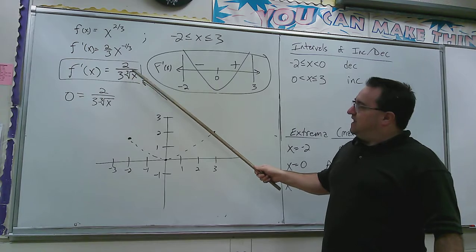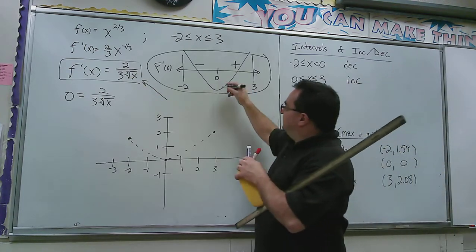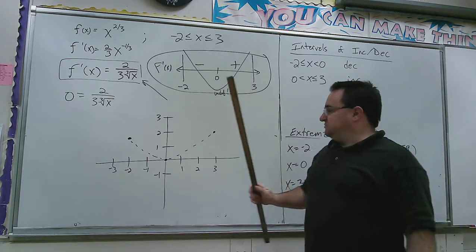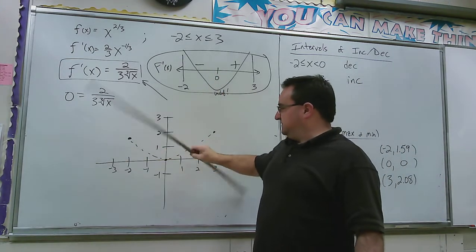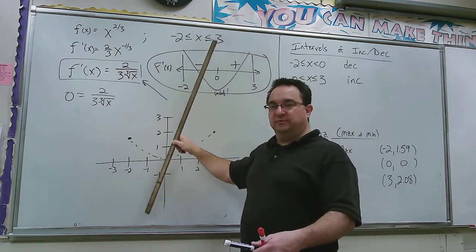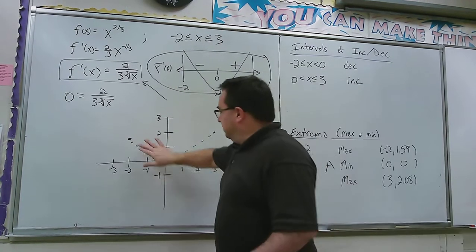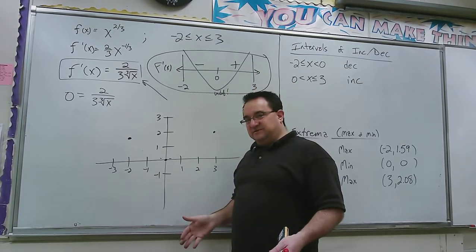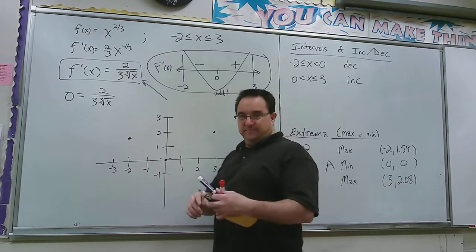And this was not 0, it was undefined, right? It was undefined there. So the tangent line can't be like this. The tangent line has to be like this. It has to have an undefined slope. The only way that you can make everything work so that there's an undefined slope at 0 and that's a minimum is with a cusp.